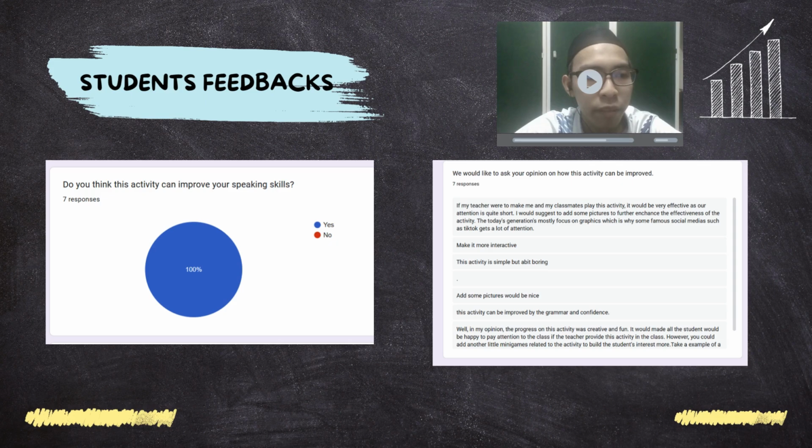And finally, for question 5, we asked the students what they think can be done to improve the activity. We received 6 responses for this part. 2 of the respondents did not answer what we asked, while 2 individuals suggested that we add pictures to the activity, and 2 more respondents asked us to make it more interesting and more interactive for the students, so they are more interested and engaged in the classroom in the activity.